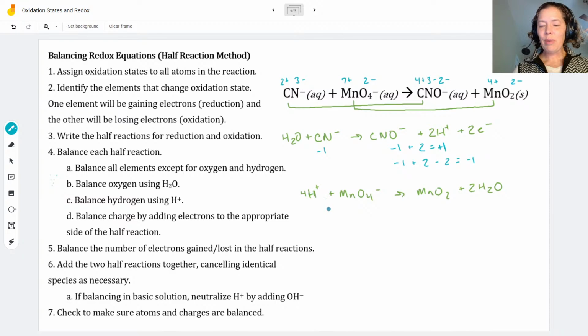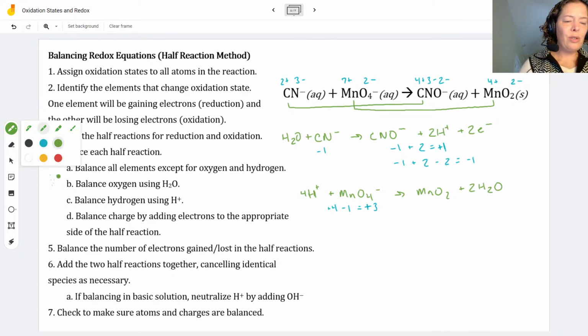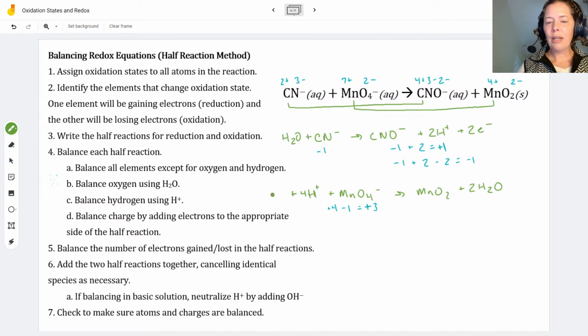So this is going to be +4. My manganese here is -1. So this gives me a +3 overall. And then this is totally neutral. So at this point, because this is +3 right here, what I'm going to do is add 3 electrons.